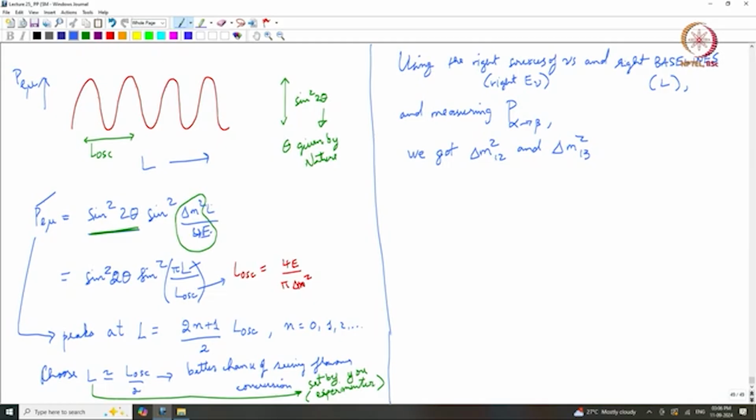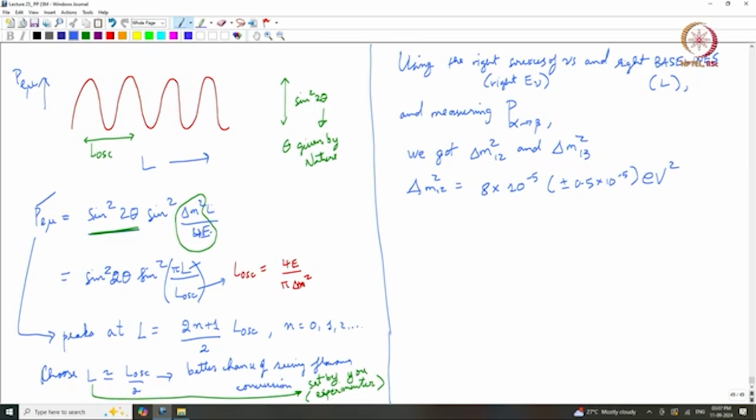These are numbers that, in physics you don't have to remember all the numbers, but there are certain numbers that are very good to keep in mind, and this is one of them, okay? Delta m12 squared was measured to be 8 times 10 to the power minus 5. What is the unit here? It's electron volt squared. It's a mass squared, right?